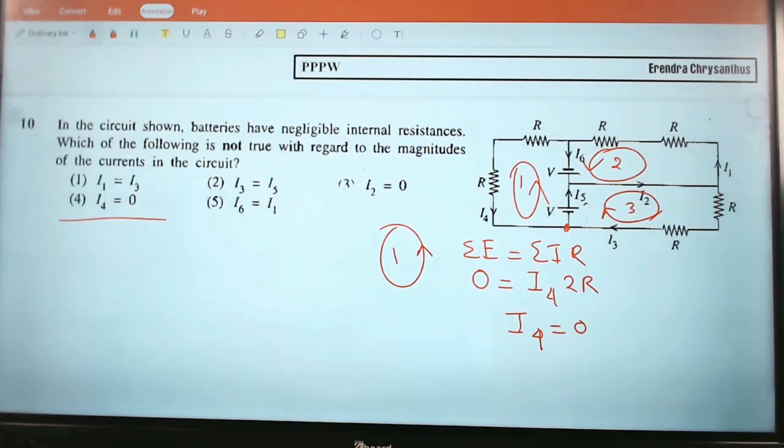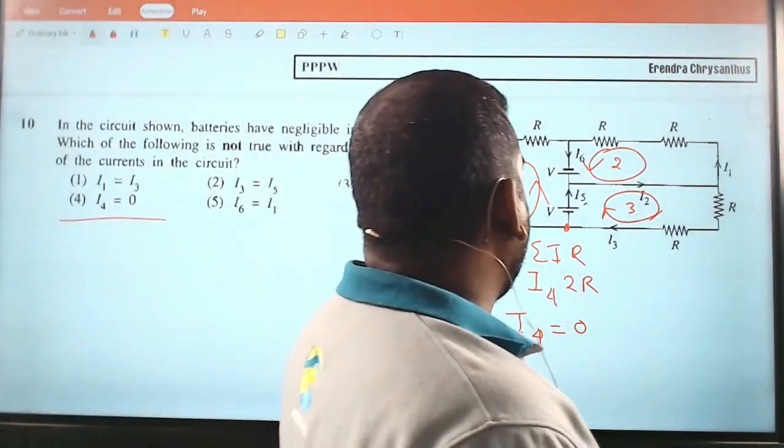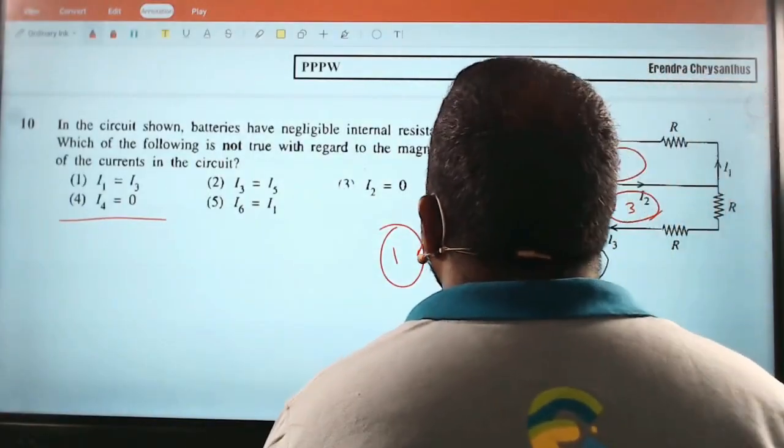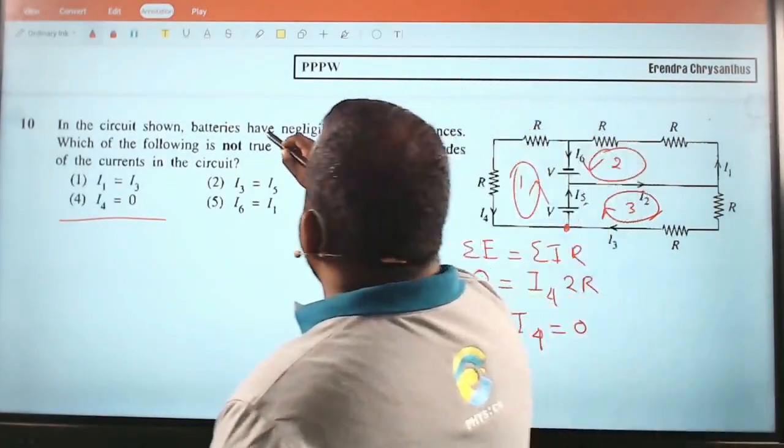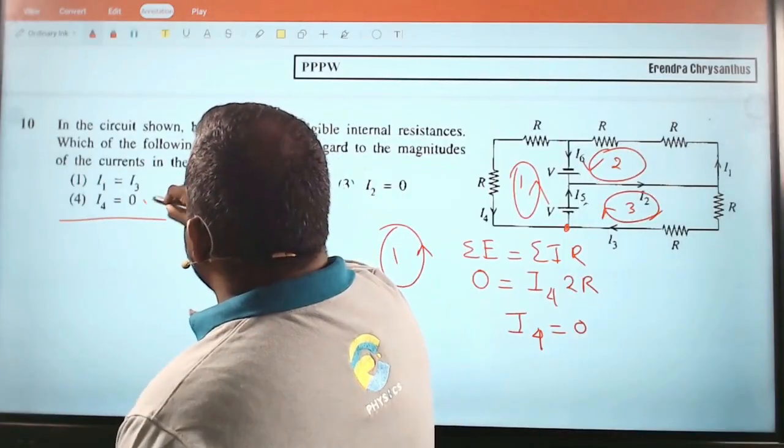Right now, if you apply basic Kirchhoff, no, they are asking not true, so this is true.